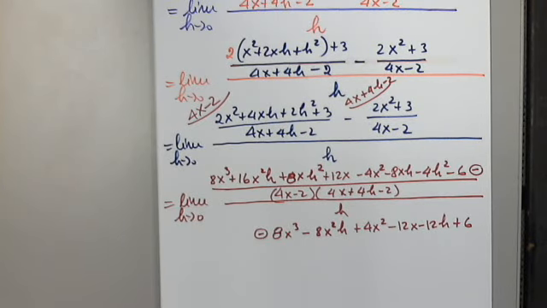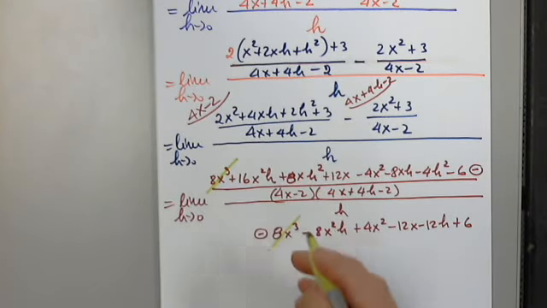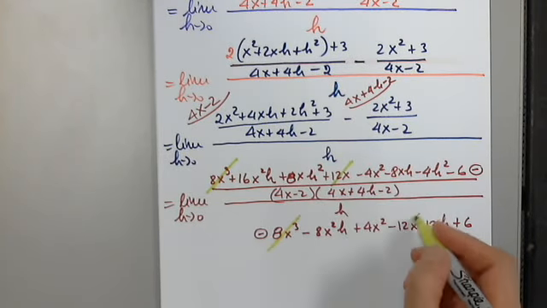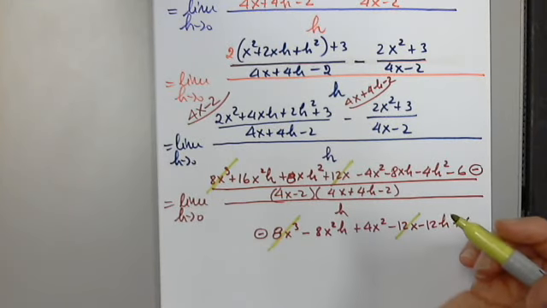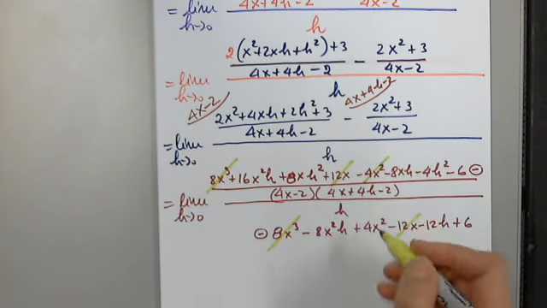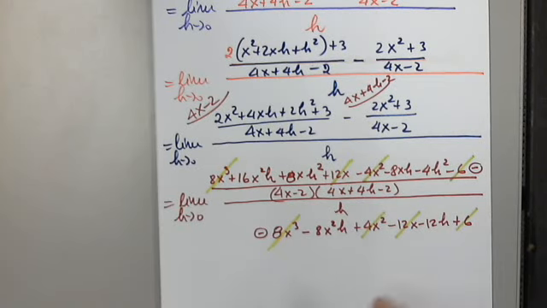So we are hunting for everything that does not have h in it. Here's one with this one. Here's another with this one. Here's another with this one. Here's another with this one.